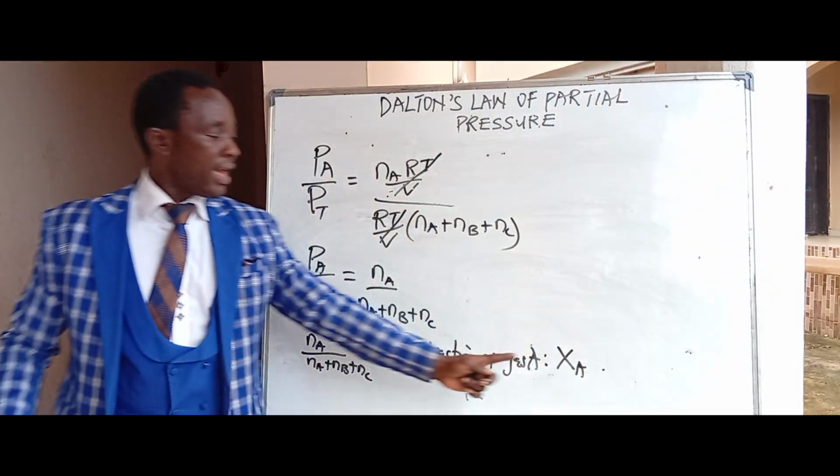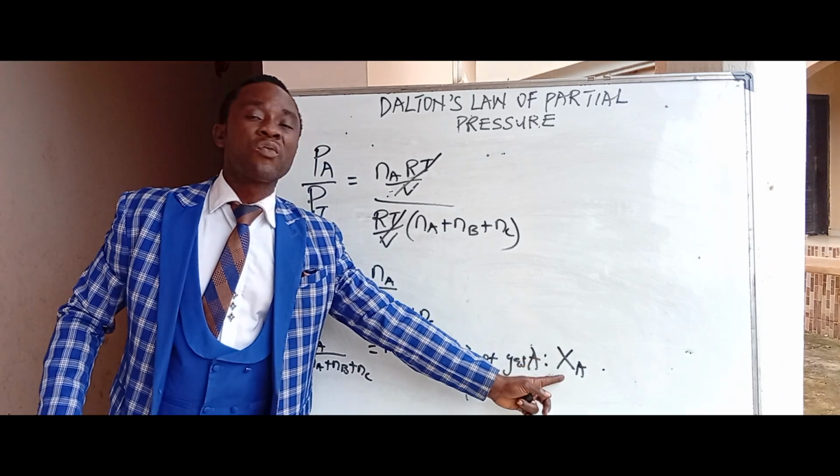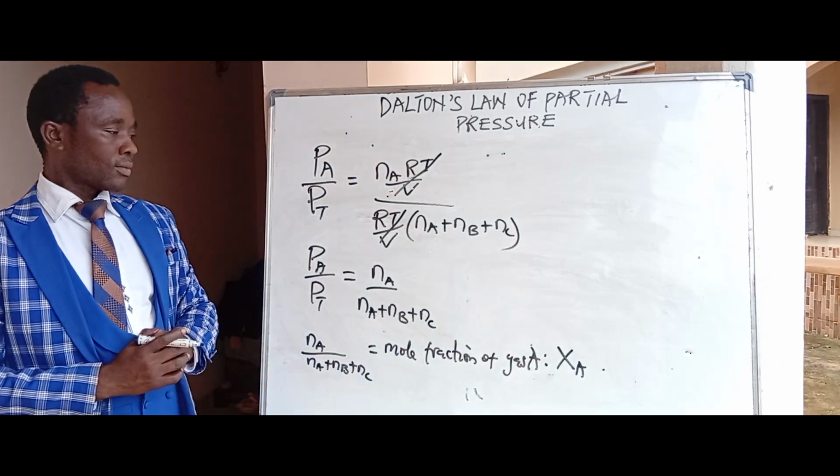So anytime you see Xa, it means mole fraction of gas A.